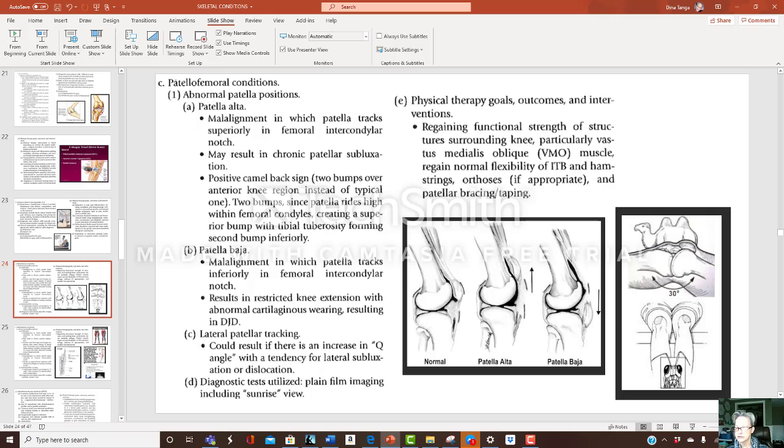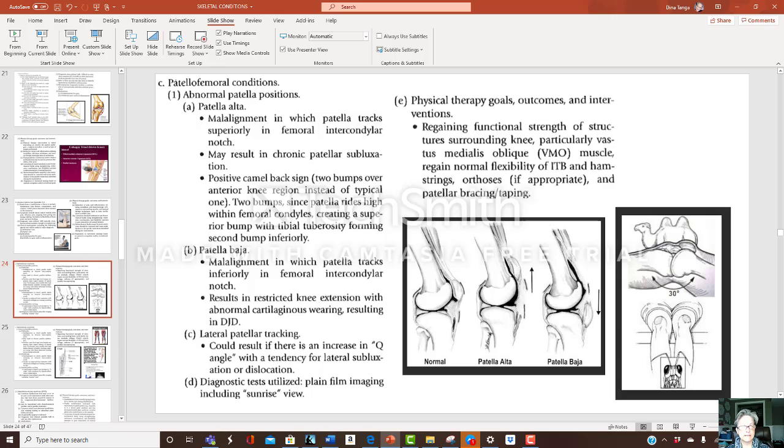And this picture down here on your right is showing that you would have the knee in 30 degrees of flexion, and you would see two humps instead of one. Two bumps, since the patella rides high within the femoral condyles, create a superior bump with the tibial tuberosity forming the second bump inferiorly.